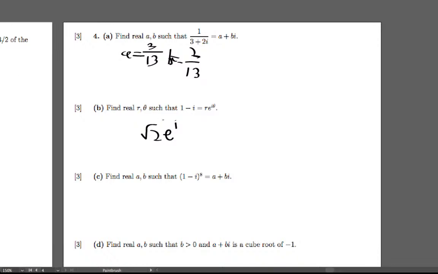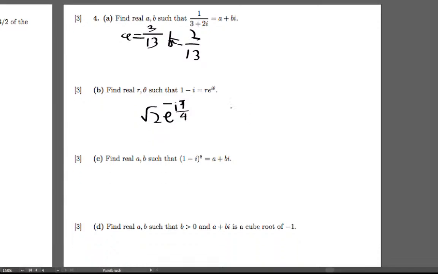So it's e to the minus i pi over 4. And obviously this is where the e to the i pi comes from. e to the i pi is negative 1, or e to the i pi plus 1 is 0. So this is where it all comes from, which is from complex stuff.